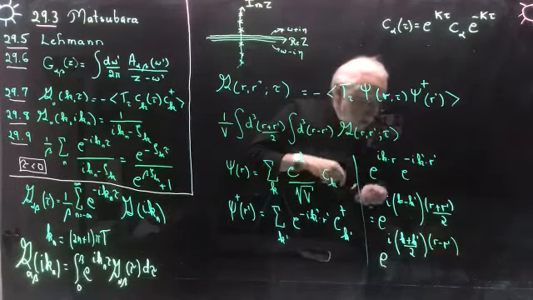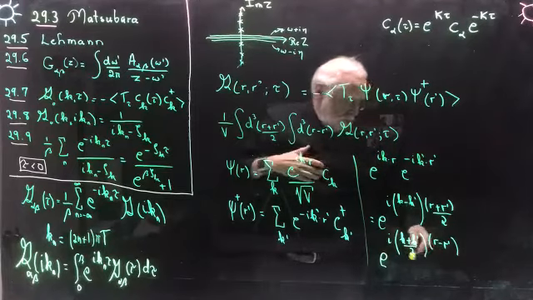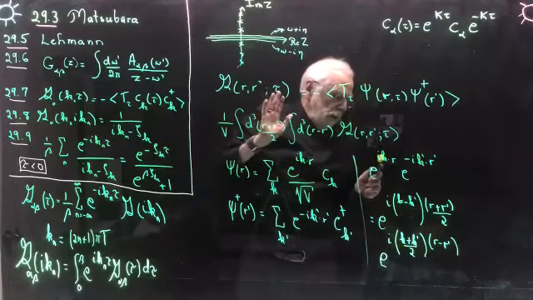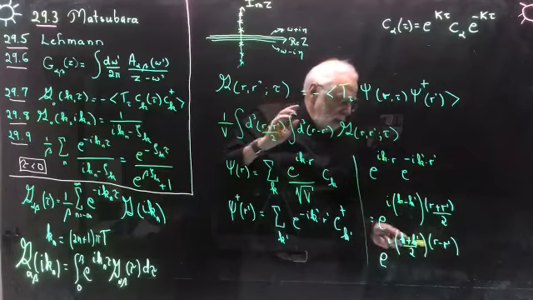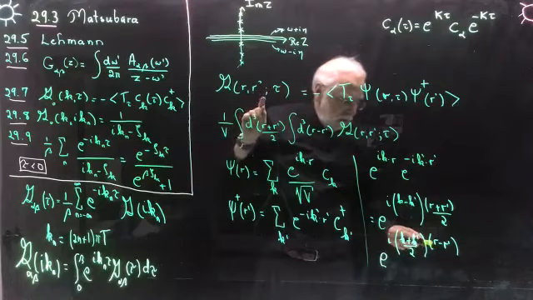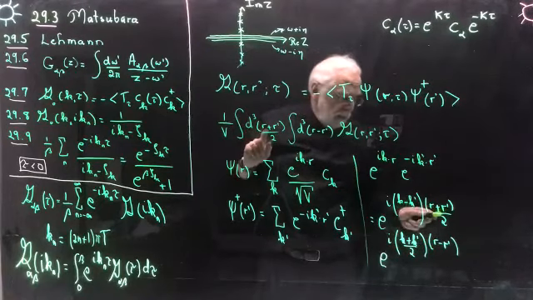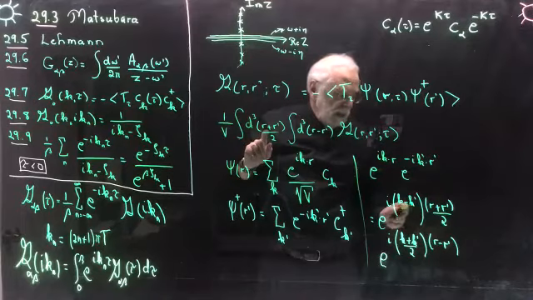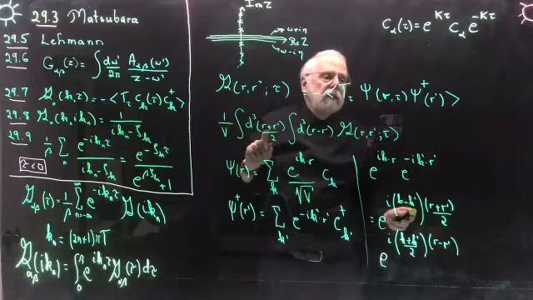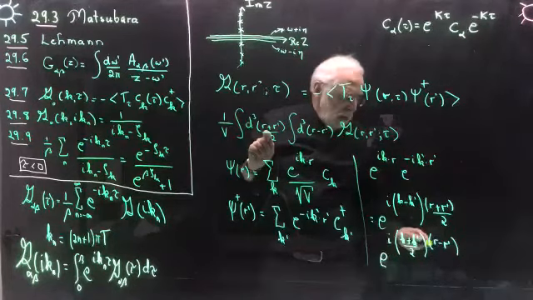Okay. So what will happen is that when you do the integral, if I didn't make a mistake, that should be equal to this. If you do the integral over r plus r prime, this will give you a delta of k minus k prime. Okay. And then the phase becomes k times (r minus r prime).